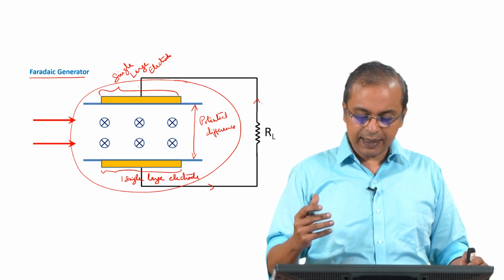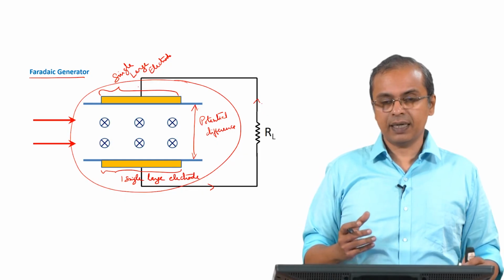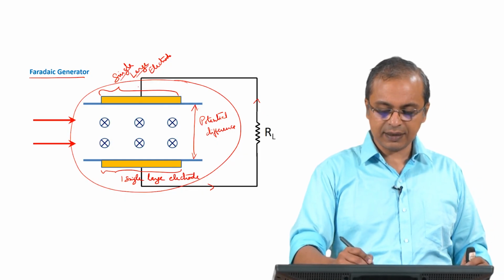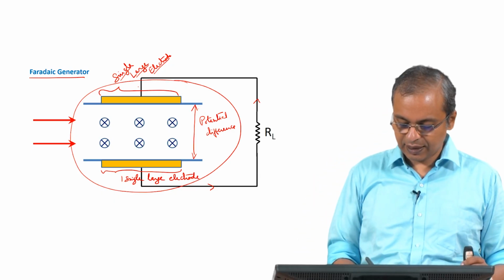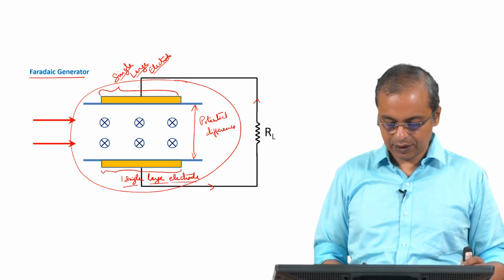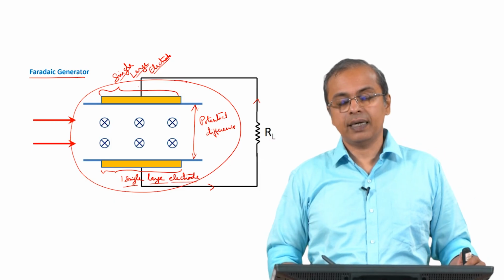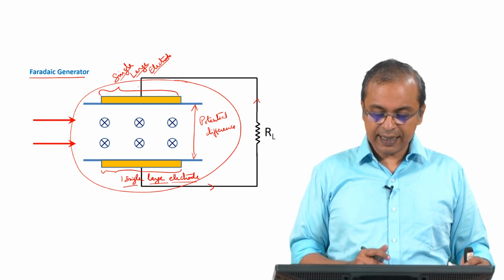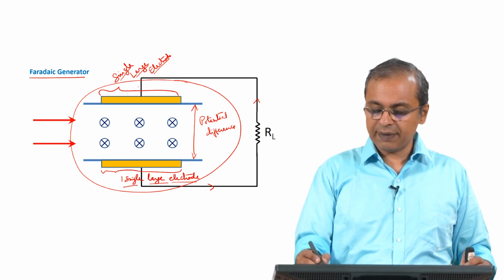So, what have we done here? The reason I am emphasizing this idea that we have put a single large electrode on that side as well as a single large electrode this side is that, as I mentioned, you will also have the Hall effect.